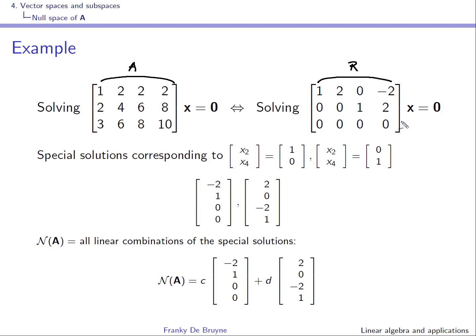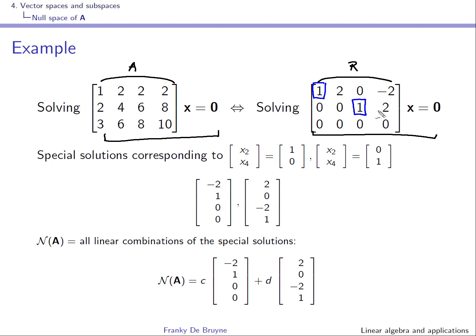But this is equivalent because we have done elementary operations, and we know that this system of equations is equivalent to this system of equations. So the solutions will be exactly the same. Remember that we have a pivot over here and a pivot over here. So x1 and x3 are pivot variables, and x2 and x4 are free variables.